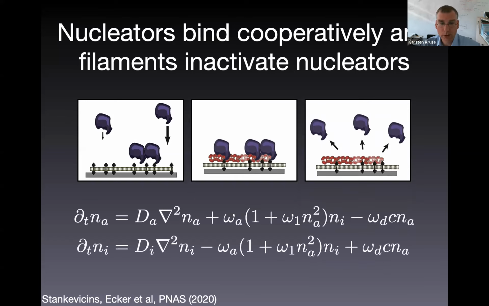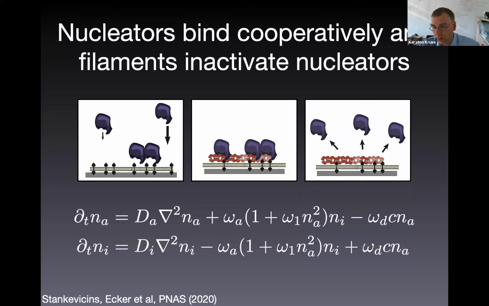And if you write this down into equations, this is how it looks. So for the active nucleator density Na, we have a diffusive term. Then we have an activation term, which is a base rate, omega A. And then we have this cooperative effect that I was mentioning here with omega 1 Na squared. And Ni is the density of inactive nucleators. And so these are then turned into active nucleators through these processes.